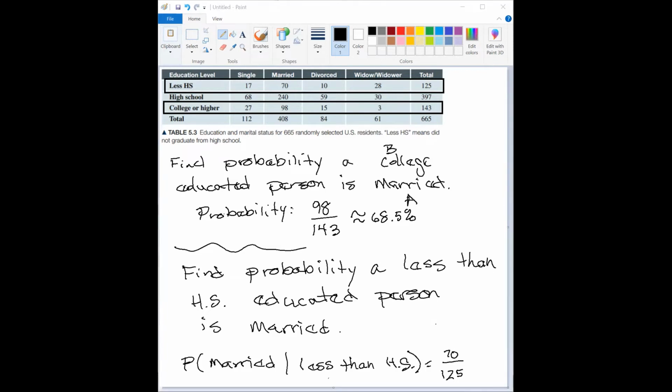And then go ahead and take 70 and divide it by 125, and you get 0.56 or 56%. Notice these things are not the same. We got different values. So the probability of being married if you have a college education is different from the probability of being married if you have less than high school. When that happens, we're going to have a special name for that, and that's the next section.